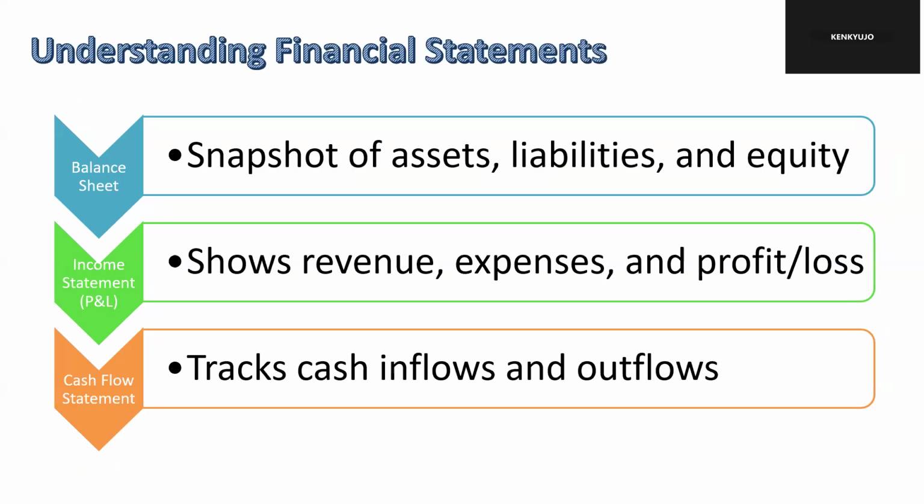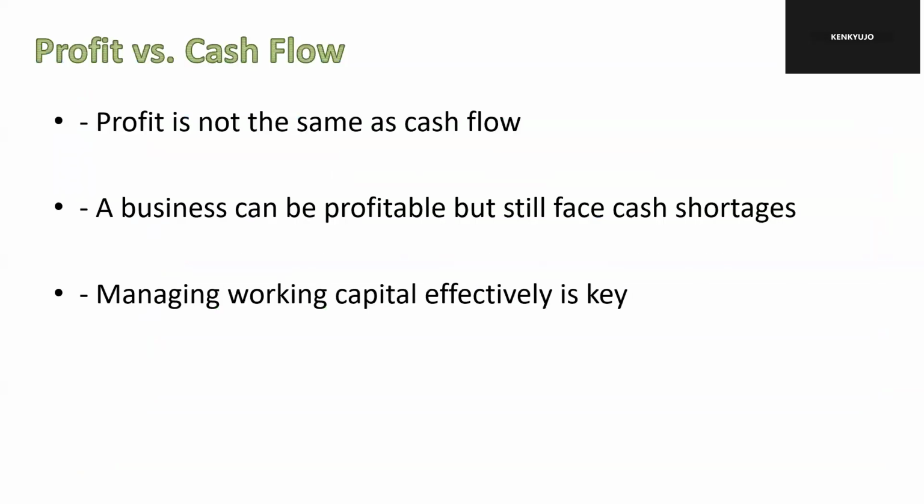Then there are three types of financial statements: balance sheet, income statement or profit and loss account, and cash flow statement. Profit versus cash flow are two totally different concepts. Even though a business is profitable, sometimes the organization faces cash shortage. That is because of cash flow related issues.